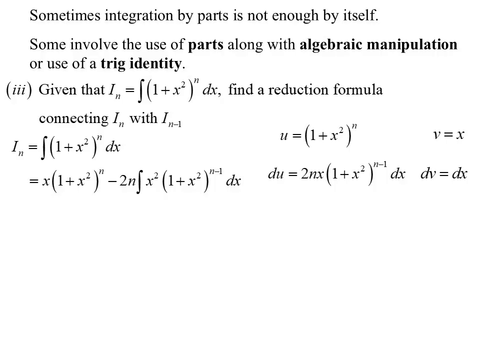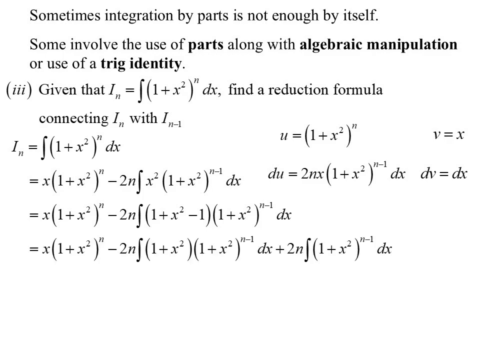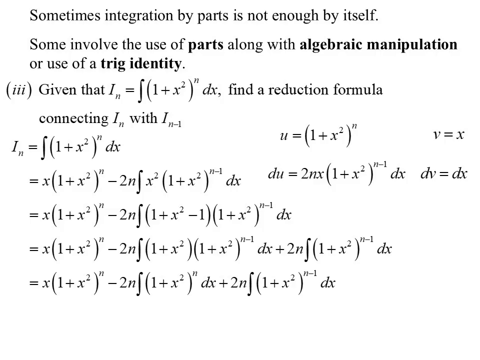It's not quite a multiple of what I originally started with, and that's where the algebraic manipulation is going to come into play. That x squared I could rewrite as 1 plus x squared minus 1, and then split that into two integrals. The first one, (1 + x squared) times (1 + x squared)^(n-1), and the second one's just (1 + x squared)^(n-1). In other words, I've now got two integrals.